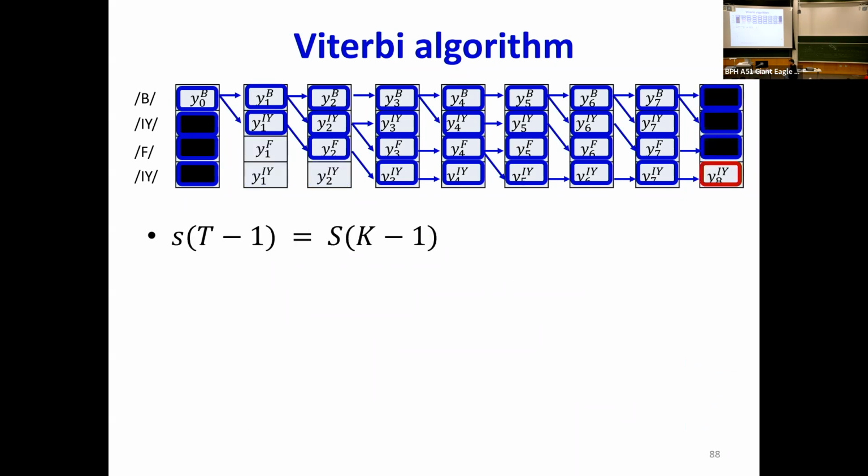But now you know that the best path must end at the bottom right corner. And for every node, you have kept track of where the best path came from. So you can track your way backwards.